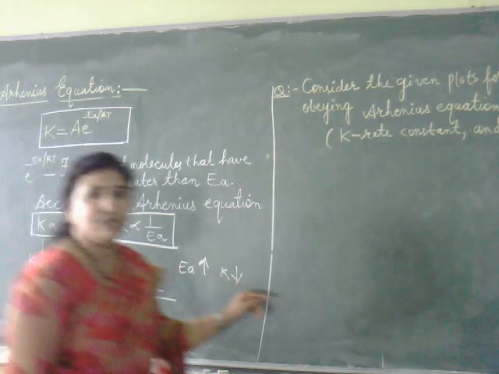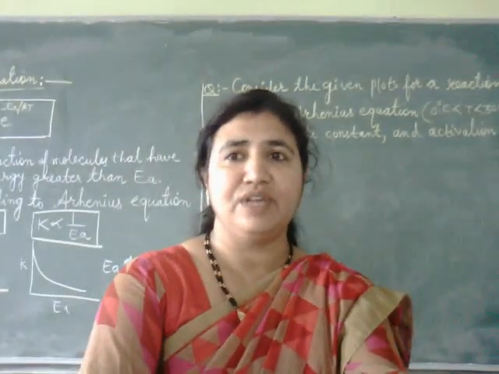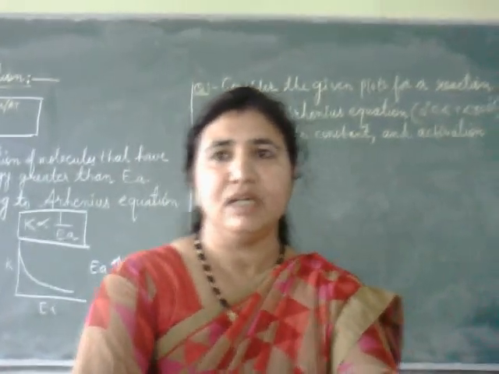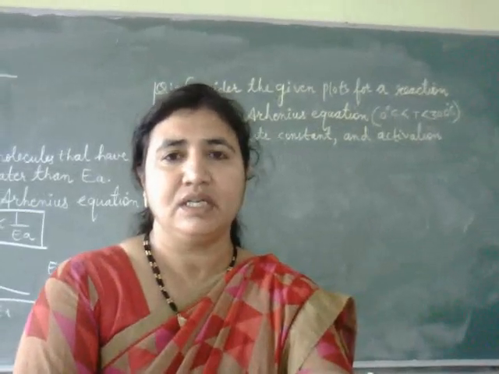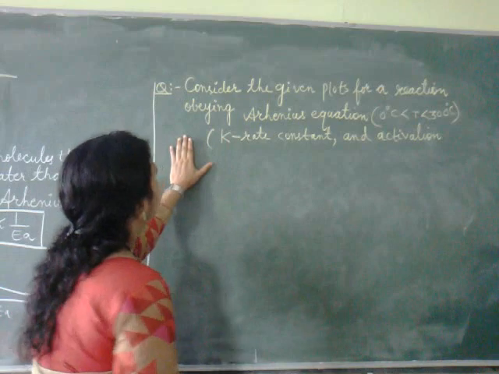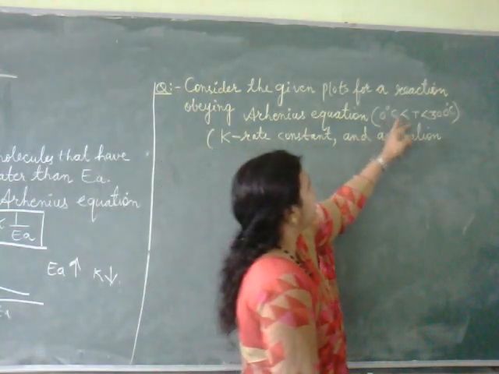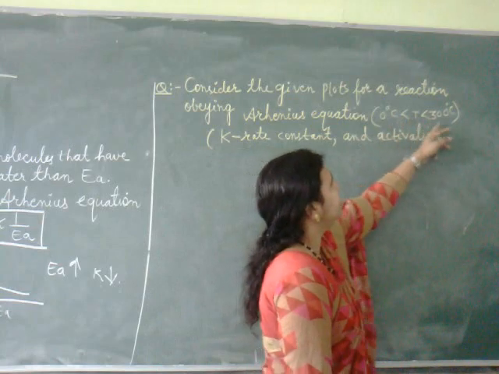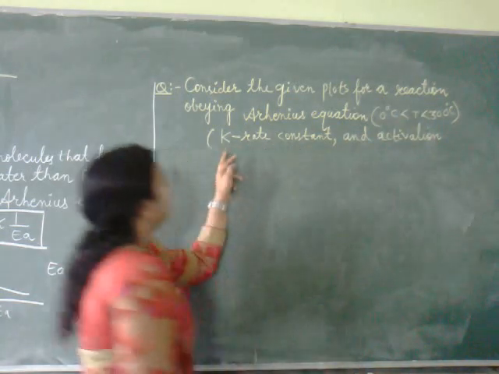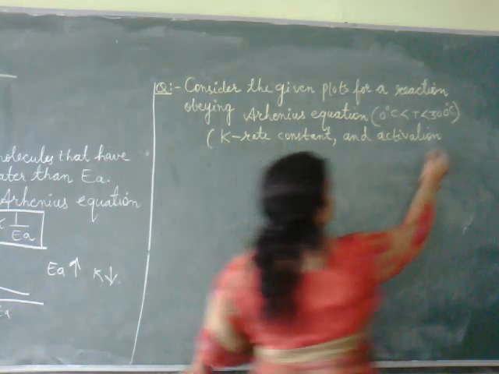Based on this, a question was asked in 2019 JEE Main. The question is this: consider the given plots for a reaction obeying the Arrhenius equation, with temperature from 0 degree Celsius to 300 degree Celsius, where k is the rate constant and Ea is the activation energy.